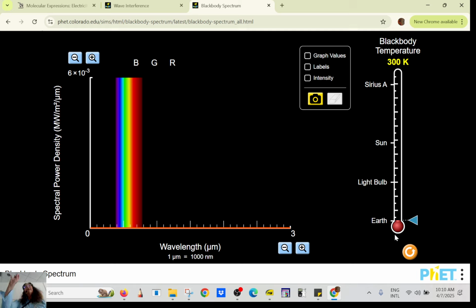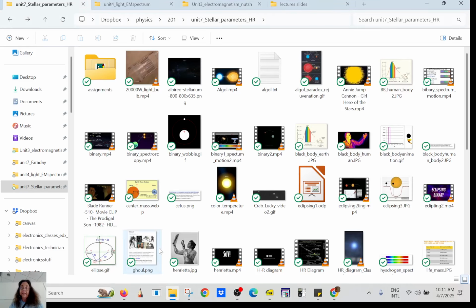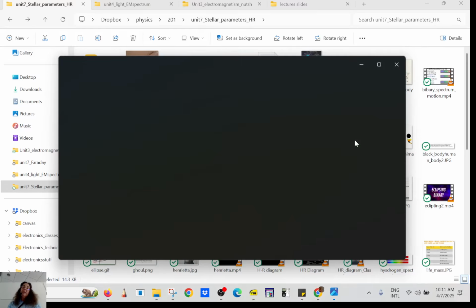So by looking at that wavelength the Earth is emitting, we know the temperature of the Earth, which is about 60 Fahrenheit, thanks to the greenhouse effect. We humans also peak in the infrared. So I think it's a question today in the pop quiz here.